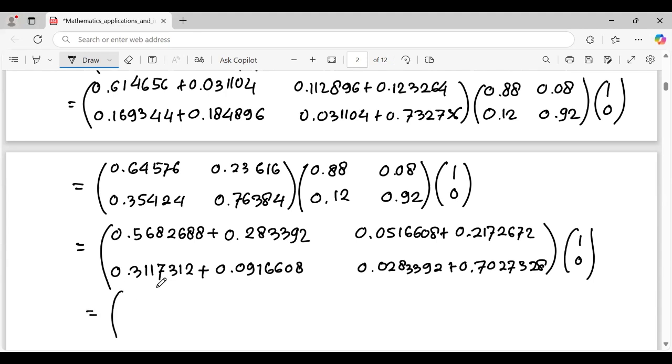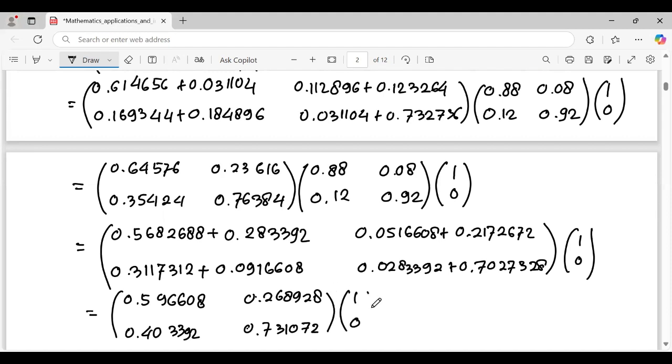If you calculate, the result will be 0.596608, 0.403392, 0.268928, and 0.731072, times (1, 0).